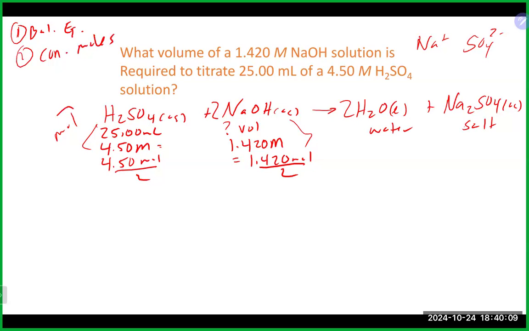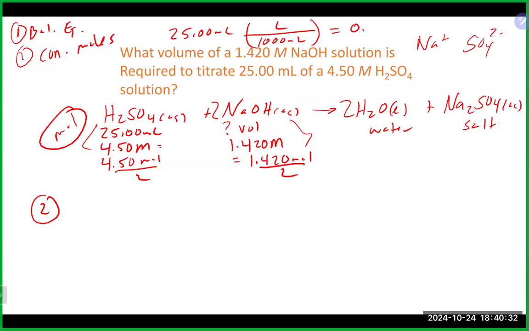In this case, as I just mentioned, it's really the sulfuric acid that is the only thing I can convert into moles. So I'm going to take my volume and convert it into liters. You can either divide by 1,000 milliliters to convert to liters, or just move the decimal place 3 places to the left, which gets you 0.02500 liters.